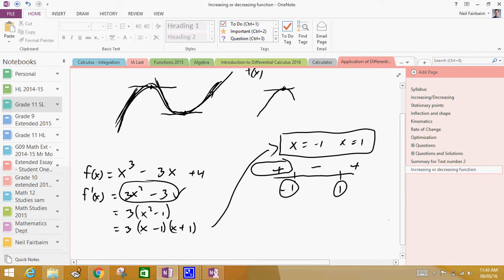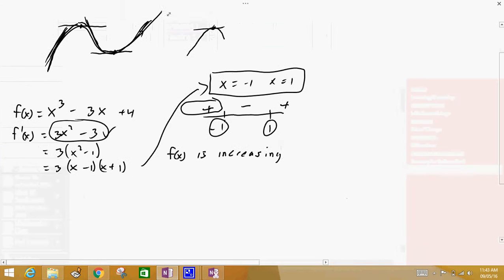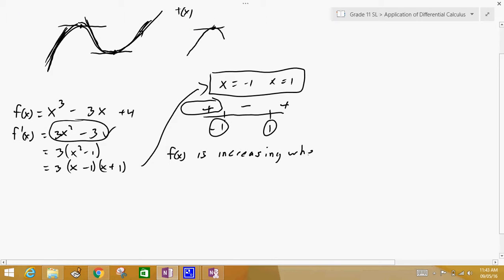And therefore, I can finally say that the function f of x is increasing when x is less than negative 1, not equal, less than negative 1, and x is greater than 1.